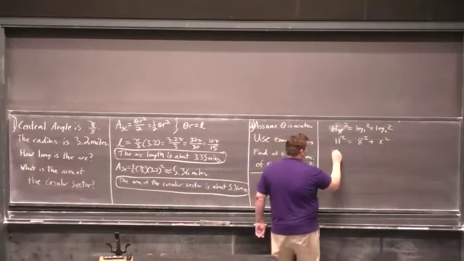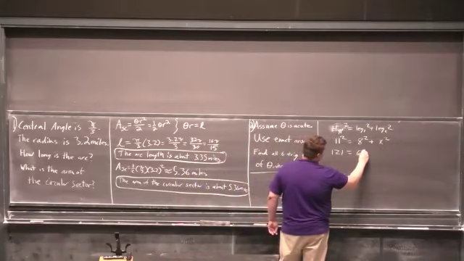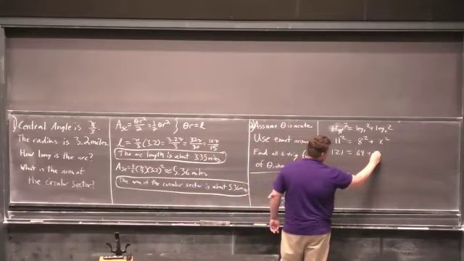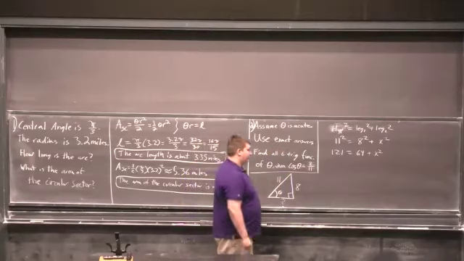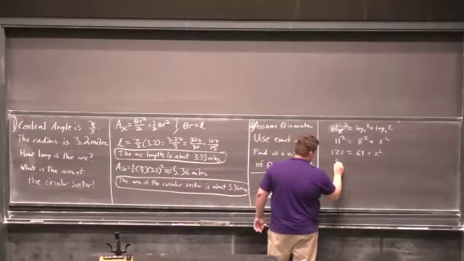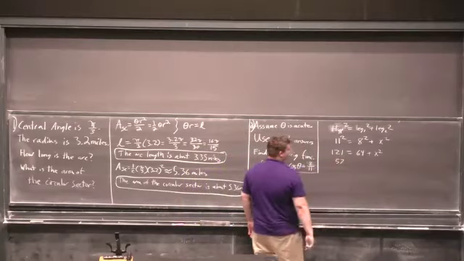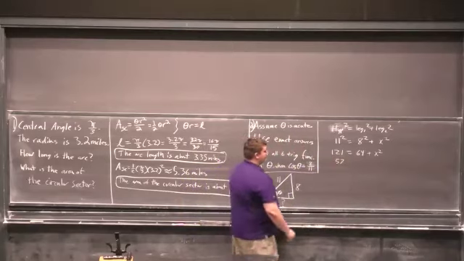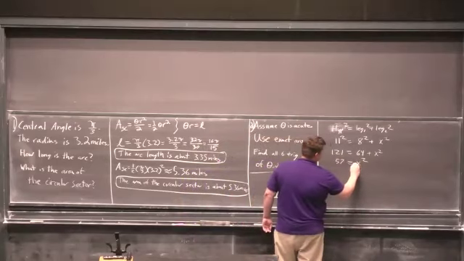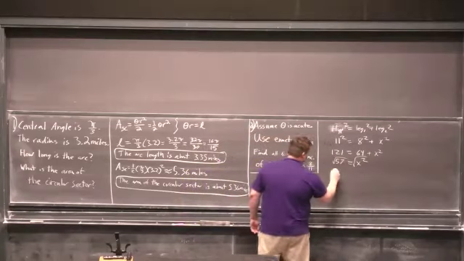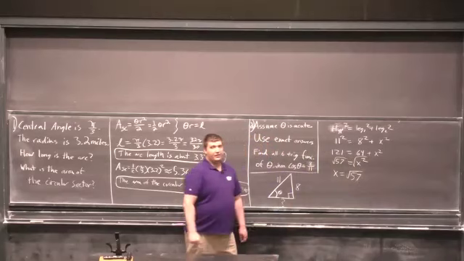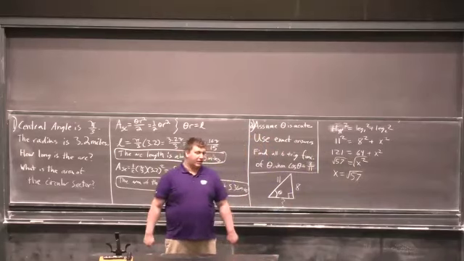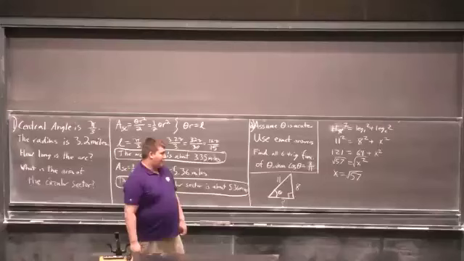Well, 11 squared is 121. 8 squared is 64. And we still have x squared. Subtract 64 to the other side, and we have 57 is equal to x squared. Take the square roots, and we're left with x is equal to square root 57. We can't take any perfect squares out of 57, so we're going to leave it like that.